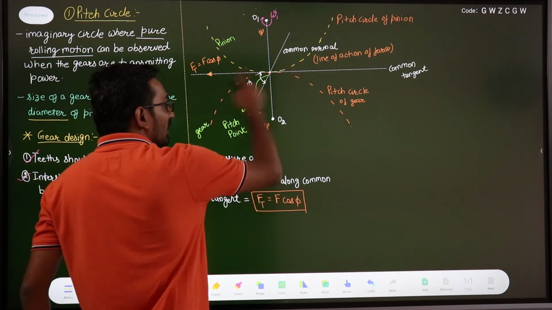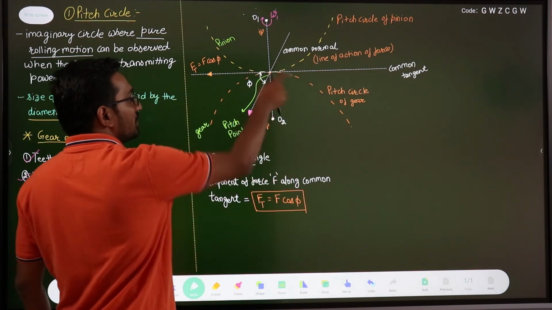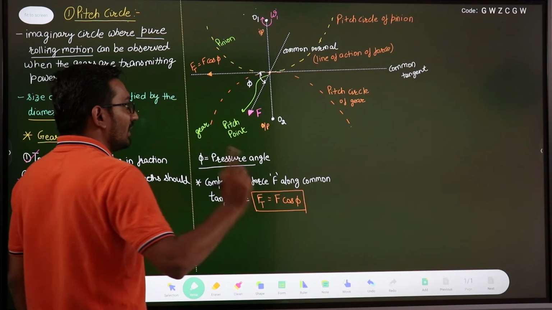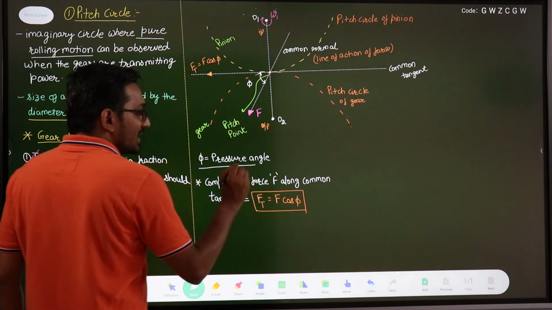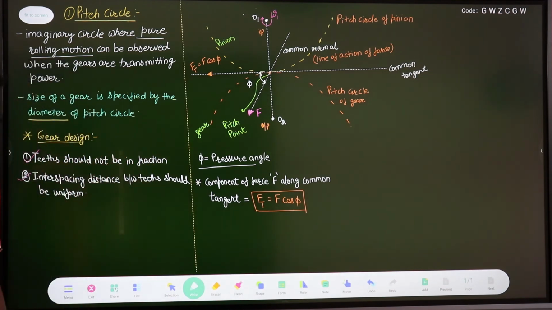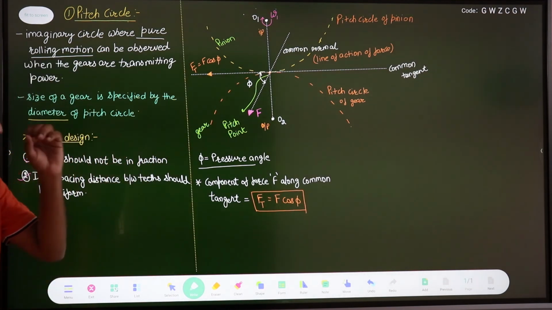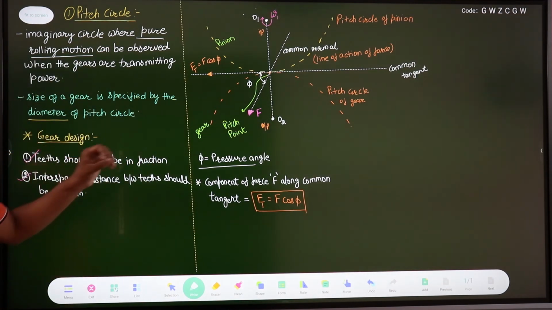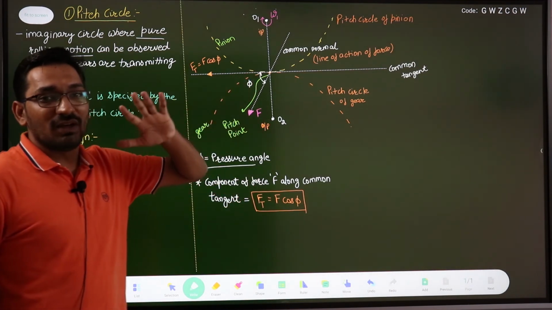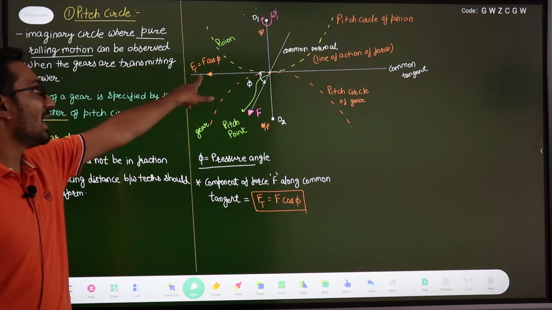Then the shaft connected to this gear will start rotating. This is the way of power transmission. The total force acting will be F, but the power transmission corresponds to this Ft.